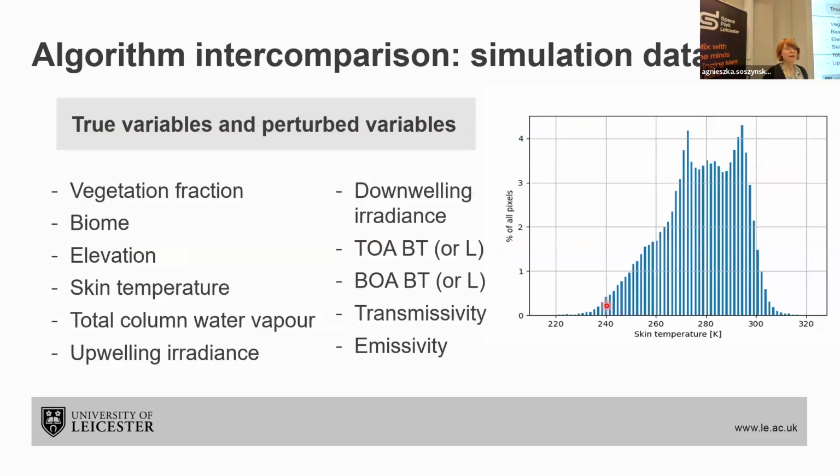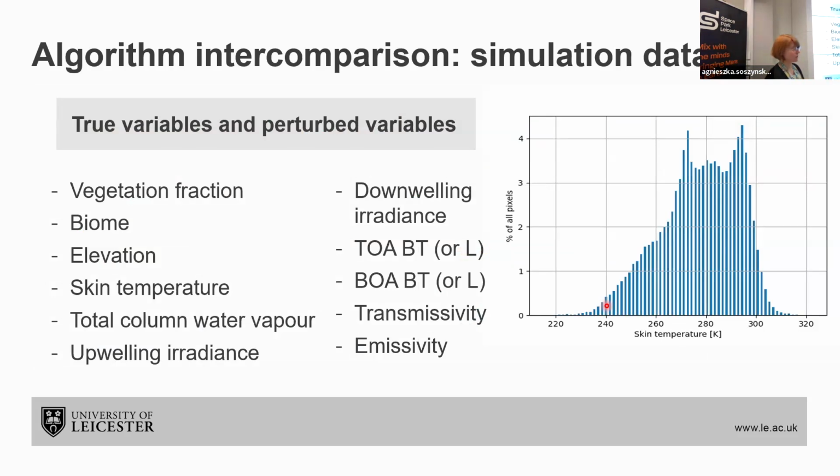These are the variables which are the inputs for the algorithms. So you have seen that already in the table. What we did with the algorithm intercomparison is we perturbed the values. We don't want to feed the algorithm the truth, because the algorithm never will take the truth. You can't treat any input as truth because you don't know it.